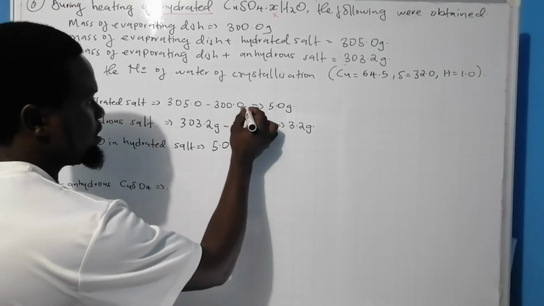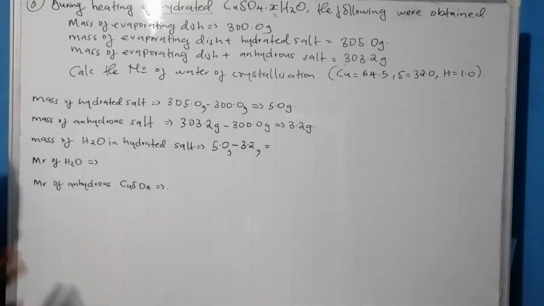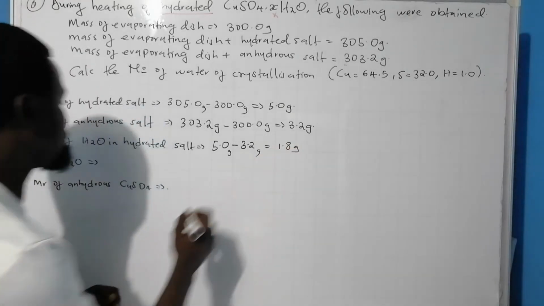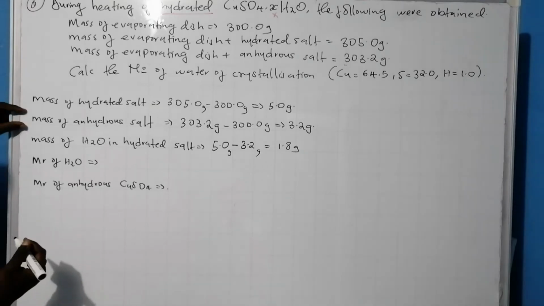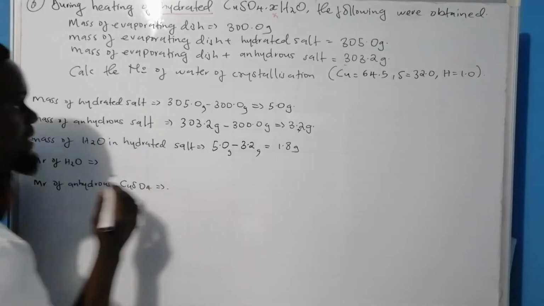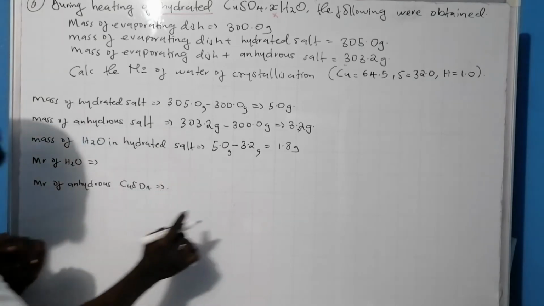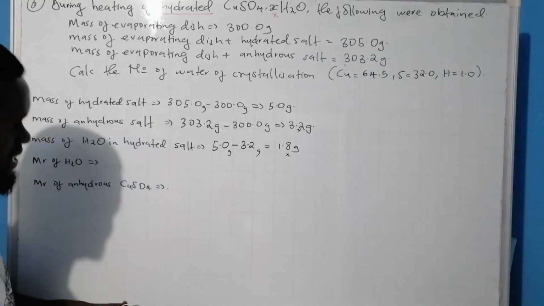So what will be the answer? When I punch that one in my calculator, I will have 1.8 grams of water. So I have the following figures. The mass of anhydrous salt to be this one, meaning it is copper 2 sulfate without water of crystallization, and the mass of water that was lost when copper 2 sulfate was heated.